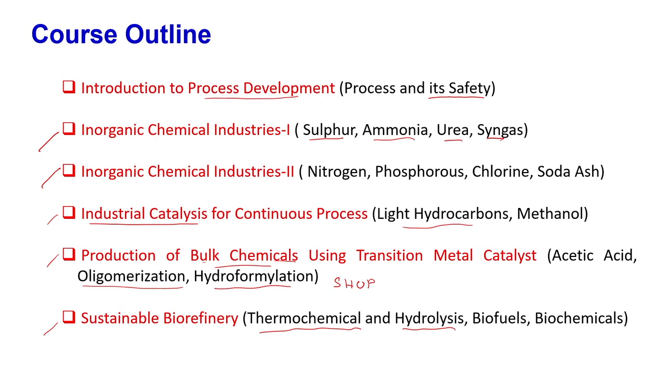From the sugars you can convert to fuels as well as biochemicals. We will discuss the manufacture of some key biochemicals such as HMF and levulinic acid. This will conclude our entire syllabus.